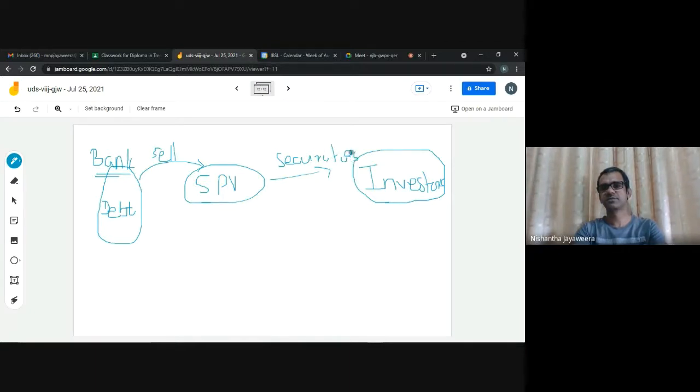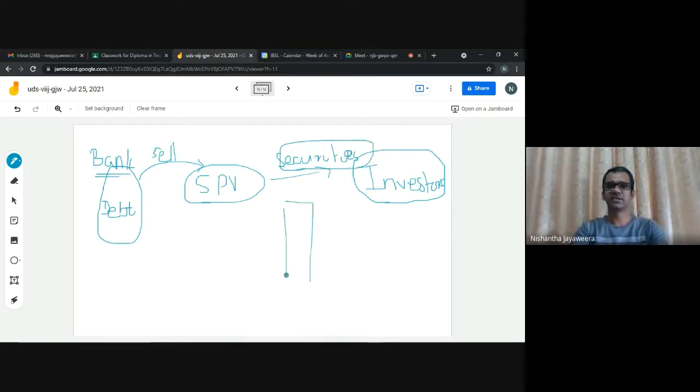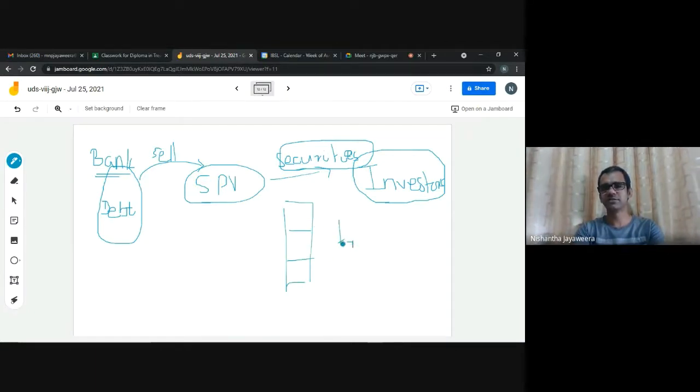But when they issue these securities, they divide them into different tranches. Not every security has the same characteristics.